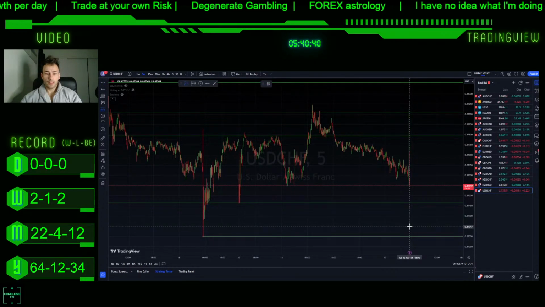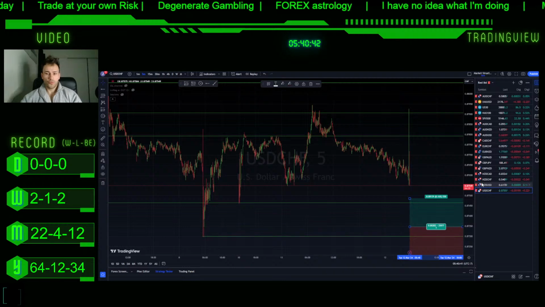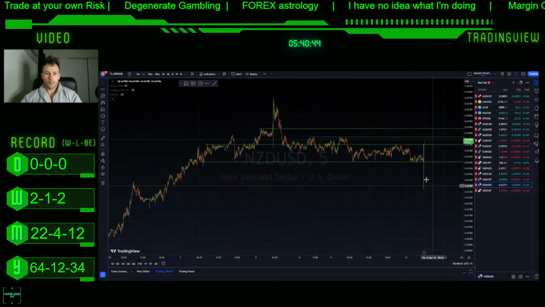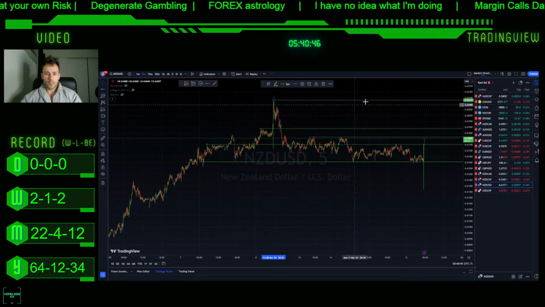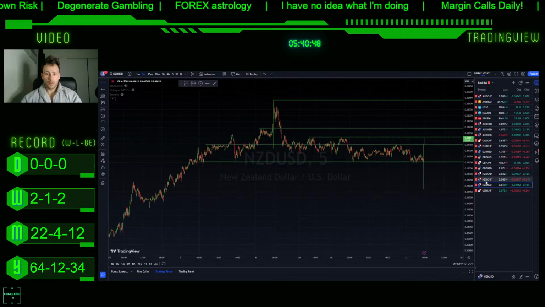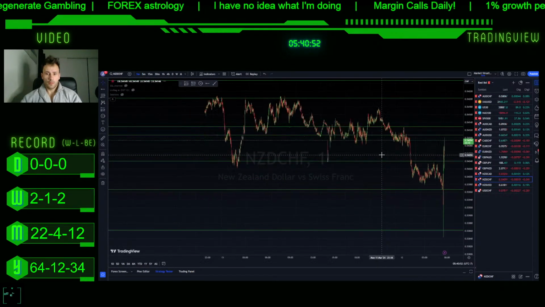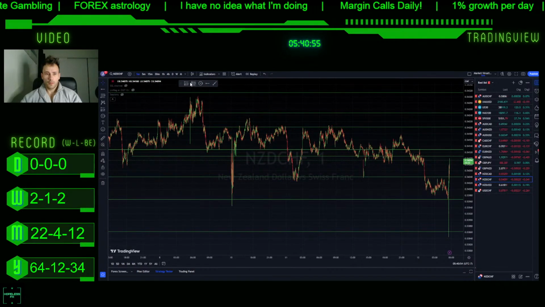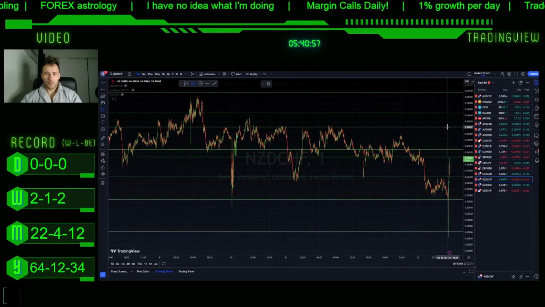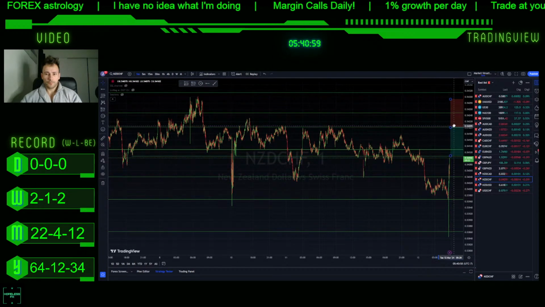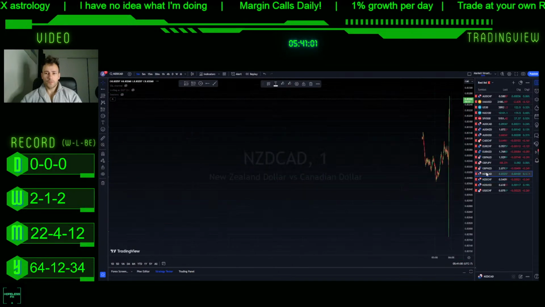Based on these guys, these are some of the trade ideas that we could look to take, if price reaches these levels, of course.